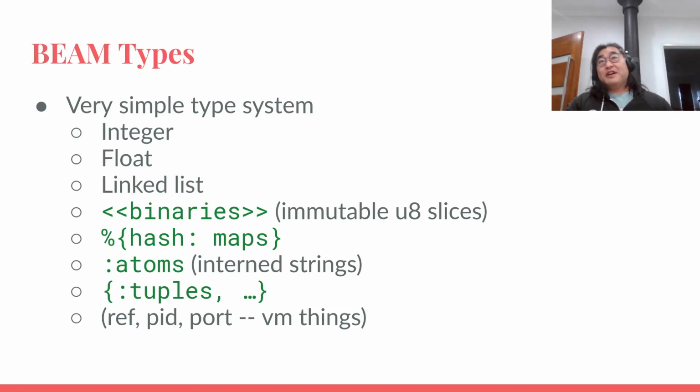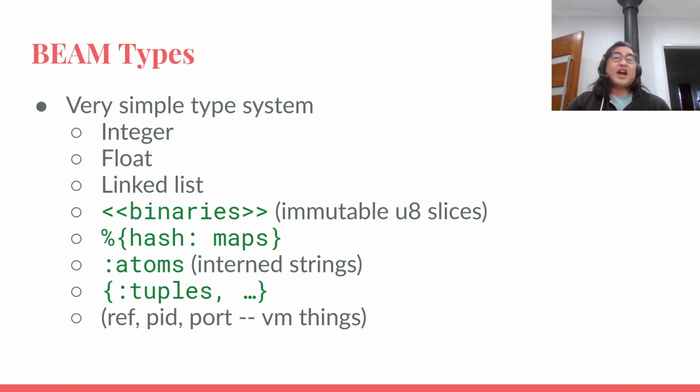On the other hand, it's a very simple type system. There are only a handful of actual types. Integers are a type, floats are a type, linked lists are a type. There are binaries, which are immutable slices of U8. We have hash maps. We have atoms, which are interned strings. And by the way, for the hash map, the keys in this case that I've shown there are atoms, but they could be any other term.